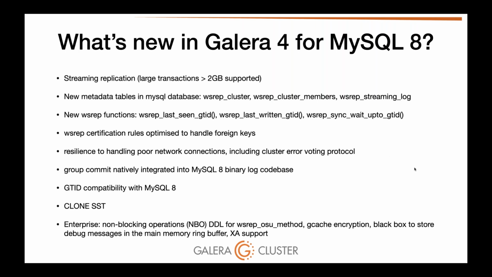We also have the certification rules now optimized to handle foreign keys, which it turns out is quite important. And then naturally beyond that, we also have resilience in handling poor network connections, and we have a cluster error voting protocol.